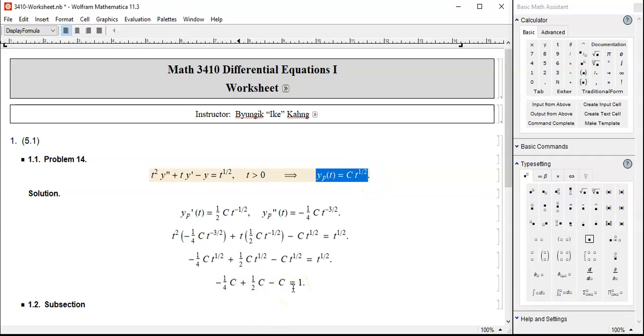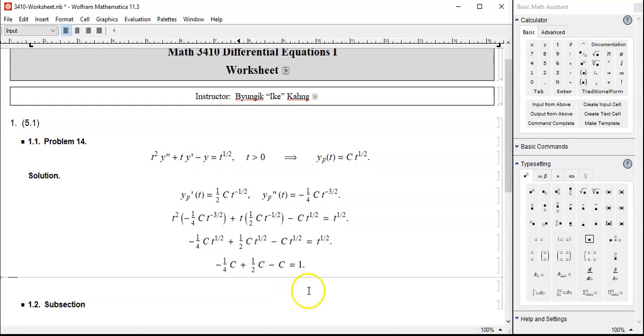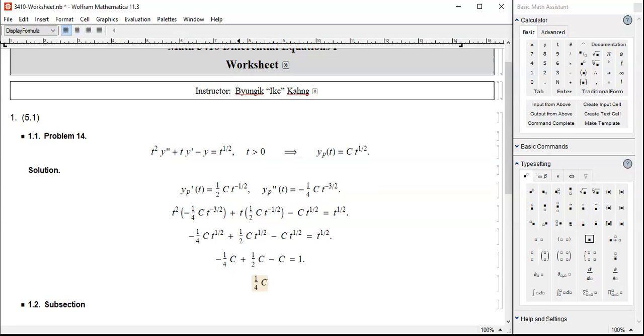Well, let's see. Even though this is a required problem, I got thus far, this much, so why don't I just complete this problem. So negative 1/4 plus 1/2 is positive 1/4, minus c is equal to 1, isn't it? Negative 1/4 plus 1/2 minus 1 is equivalent to negative 3/4 c equal to 1.